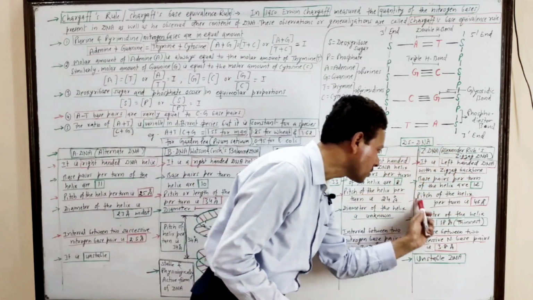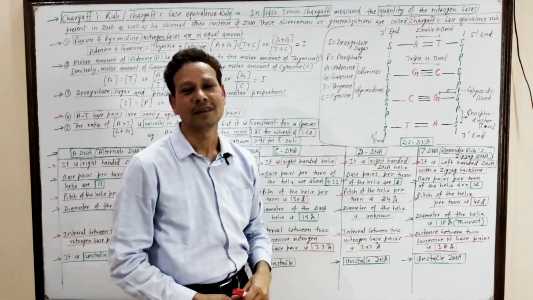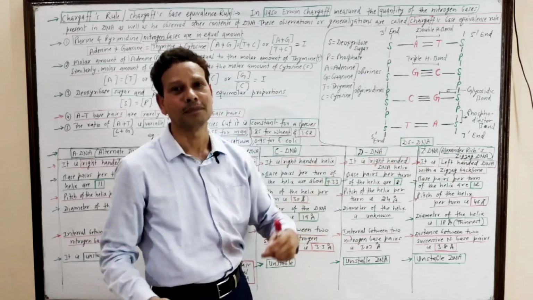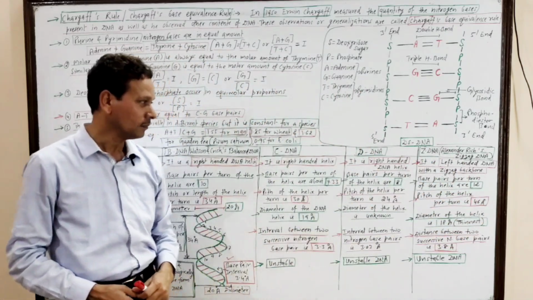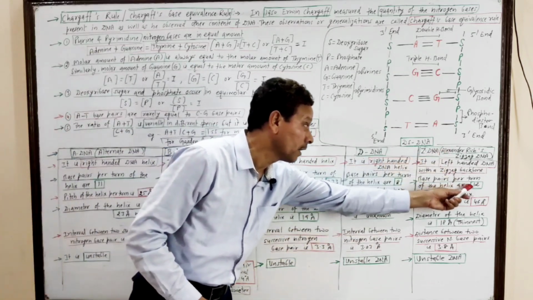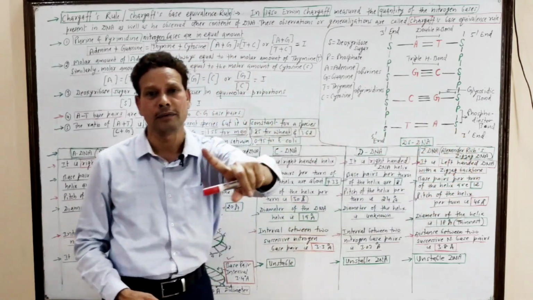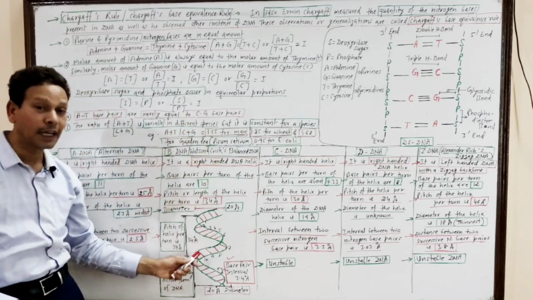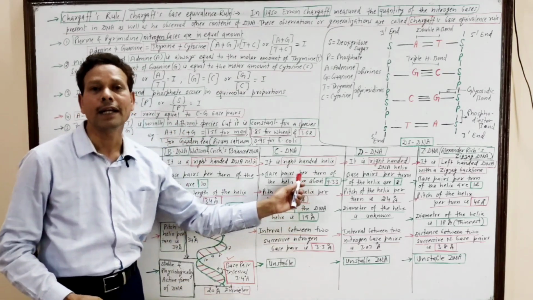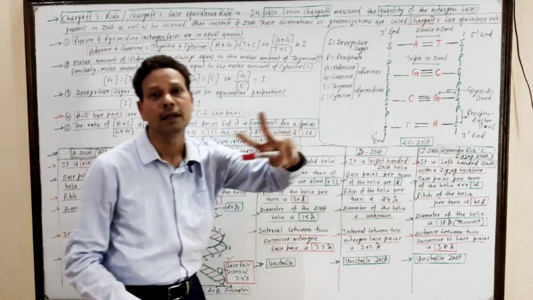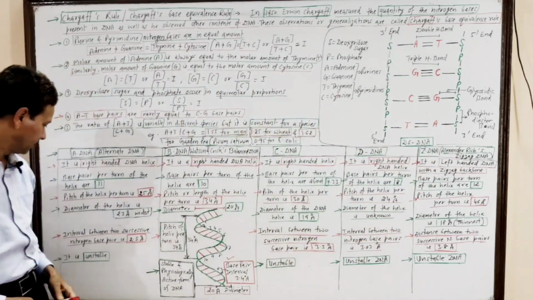But note down, in Z DNA the pitch is maximum, the largest, 46 angstrom. In Z DNA the number of base pairs per turn is 12, but in B DNA the number is 10. All these DNAs are right-handed, but Z DNA is left-handed.